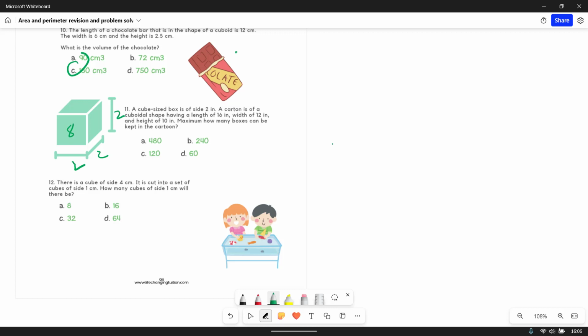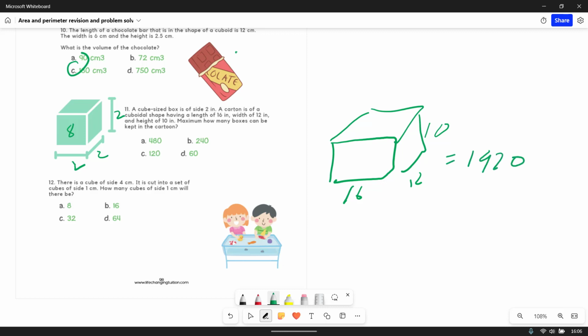And let's do the volume of the carton. 12, 16, 10, so times them all together. 16 times 10 is 160. 160 times 12 is 1920. And then you do 1920 divided by 8. That gives you 240. The answer is B. So 11 is B.